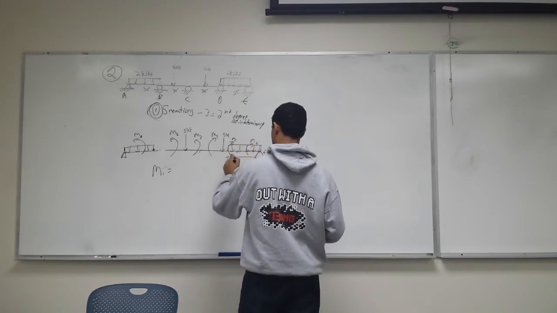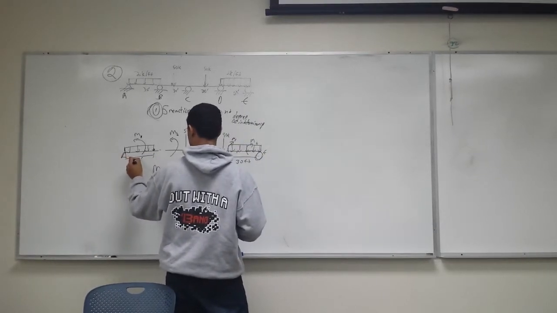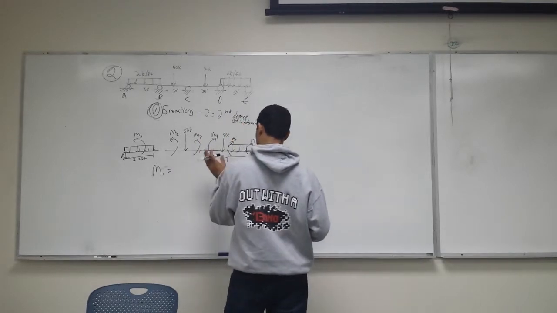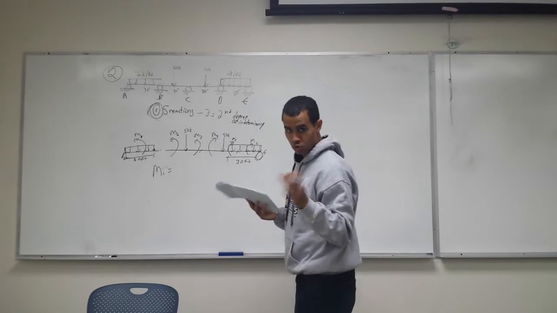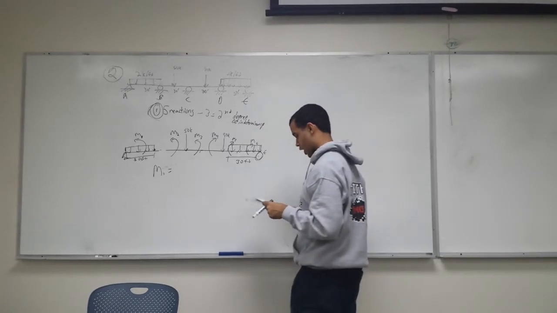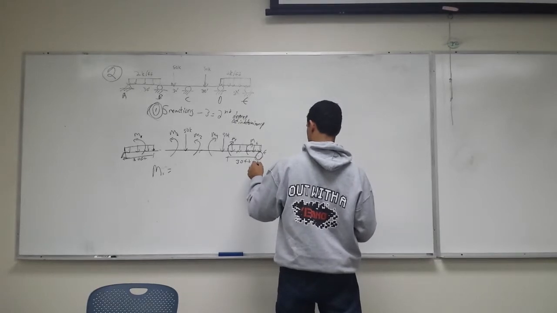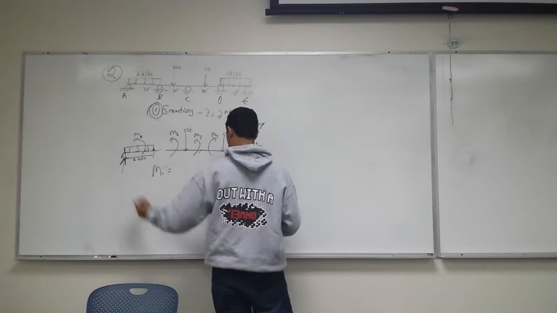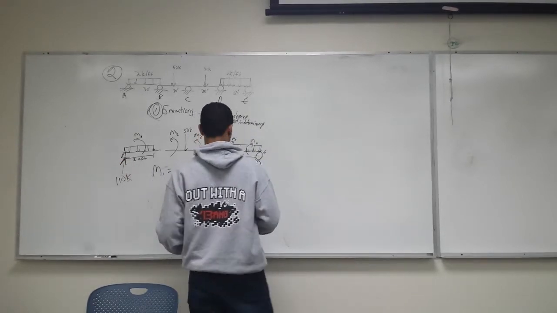Now we do some statics. We have all of our external reactions, and we find our reactions at the two outer supports, and they're both 110 kips.